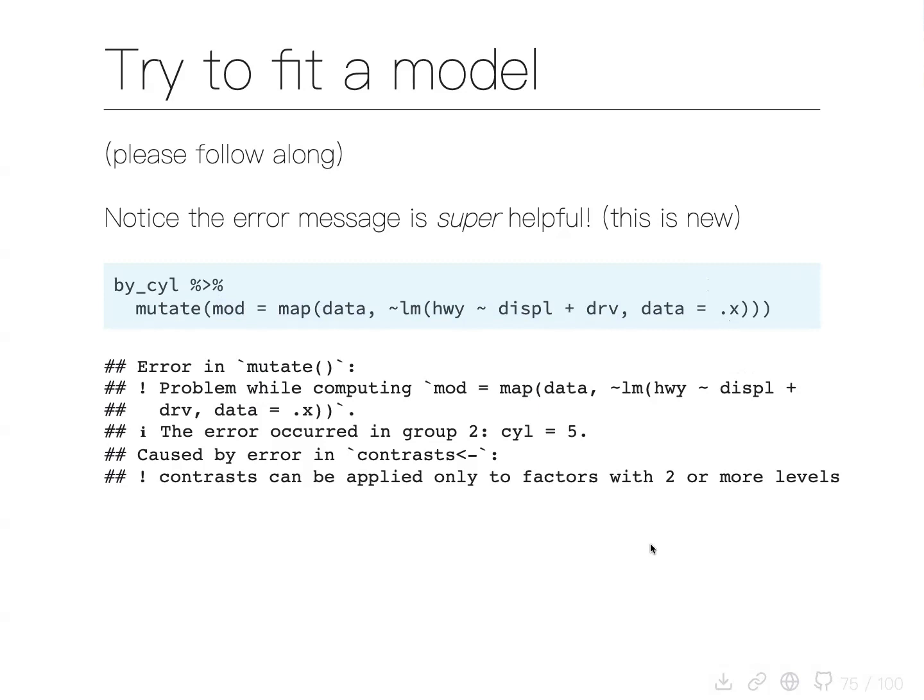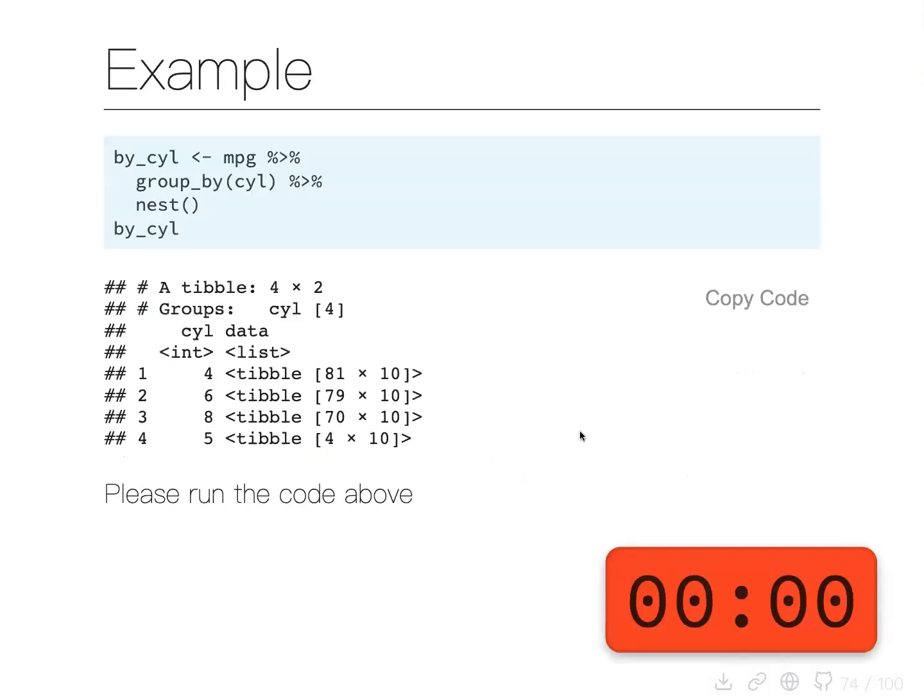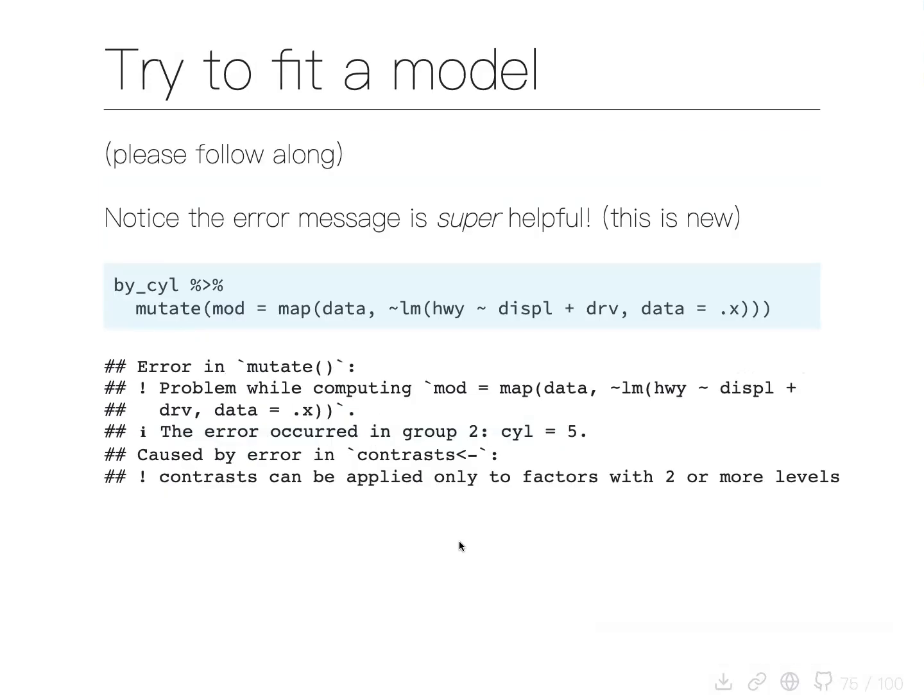This is the part that I said is super helpful, though, with the new error messages. I'm very impressed by it. It says the error occurred in group 2, sil equals 5. Let's go back here. Sil equals 5. So we know this is where the error came from. I could be wrong because I don't have as much experience with these new error messages.